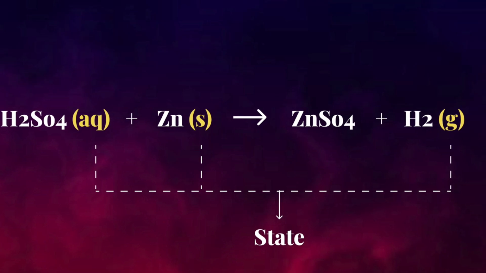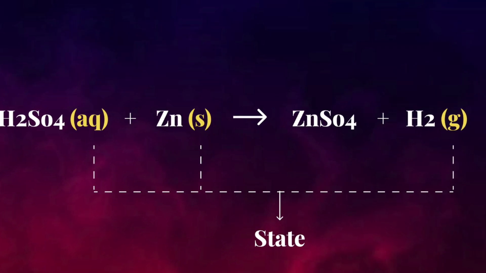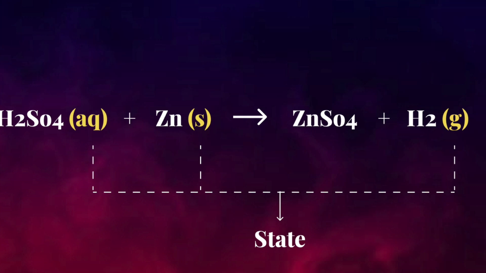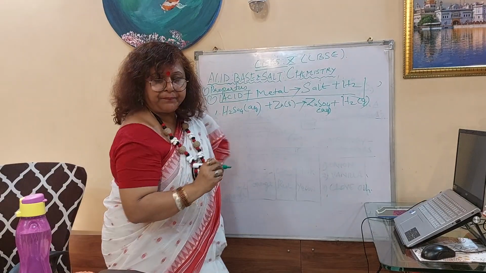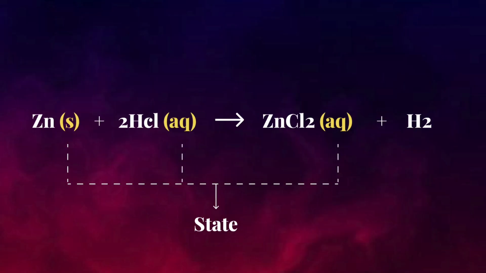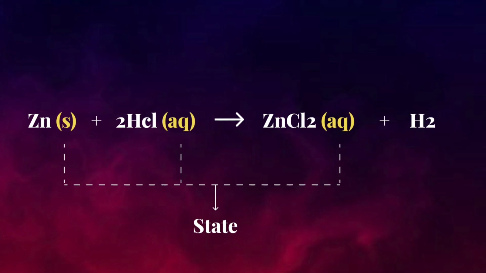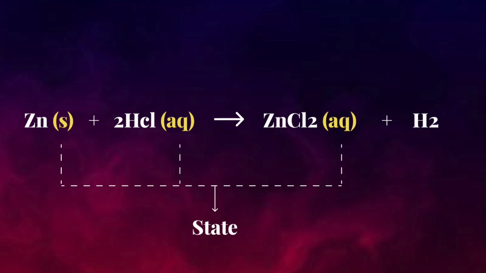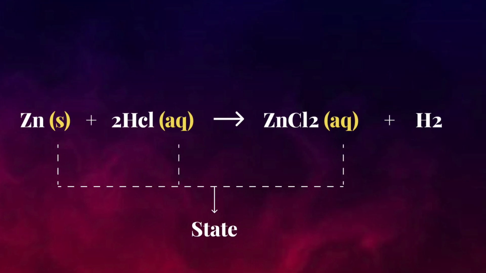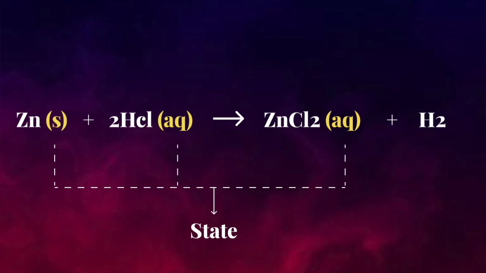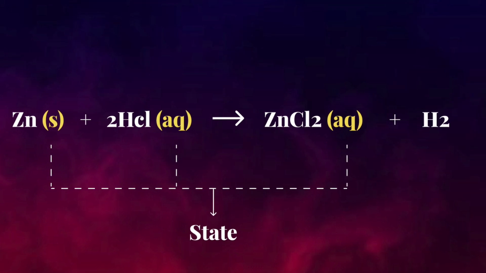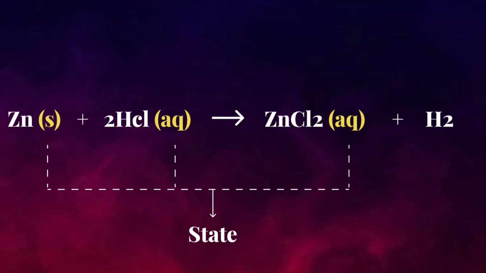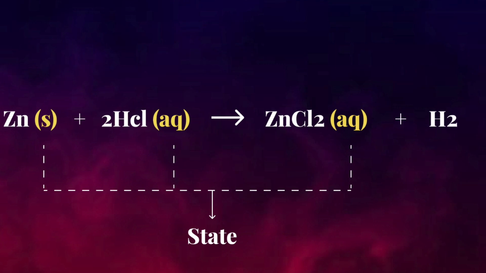Board exam requires the state to be written in brackets. You should write that. This is the first example. Second one, I give you of the same Zn, that is solid, plus HCl, aqueous, gives rise to ZnCl2 aqueous plus hydrogen.